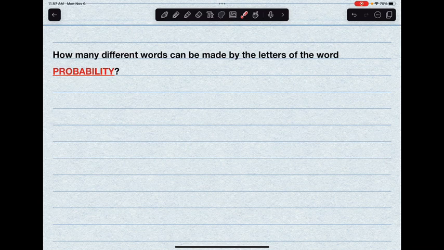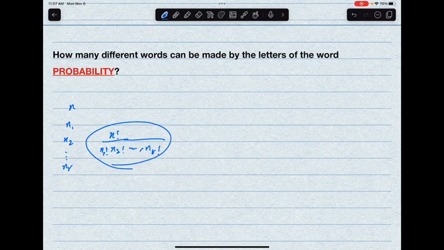We said when we have n objects, with n1 of the same first type, n2 of the second type, and nr of the rth type, the formula is n factorial divided by n1 factorial, n2 factorial, and nr factorial. So that was the formula for this type of question.